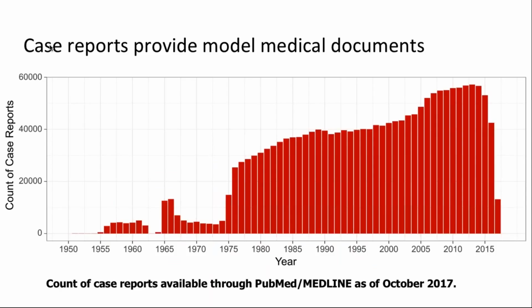Now, I'd like to think that looking at case reports in particular is and will continue to be especially useful because in PubMed, at least as of last fall, in total, there's well over 1.8 million of these documents. There's tens of thousands of them published even on a yearly basis.